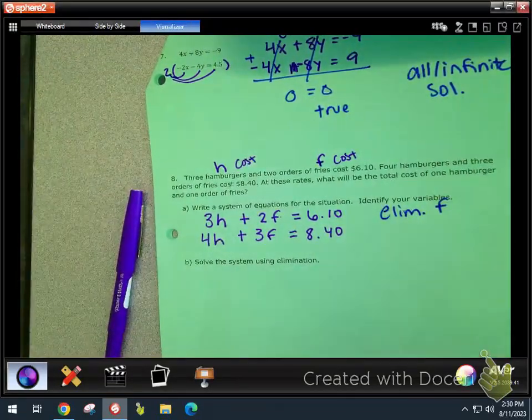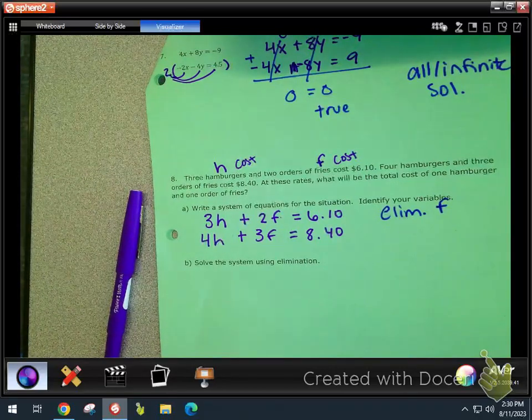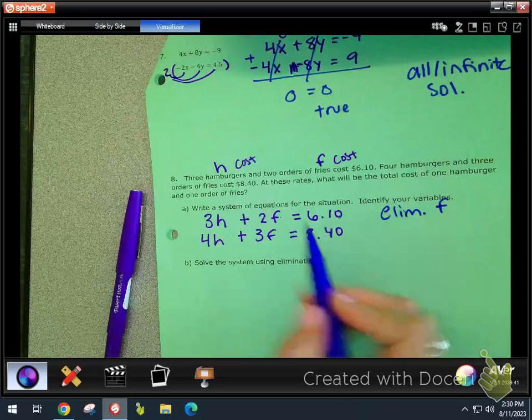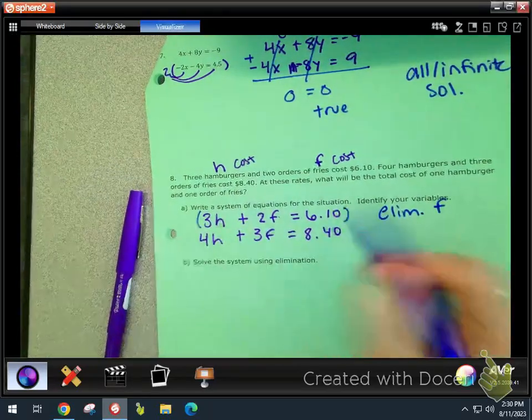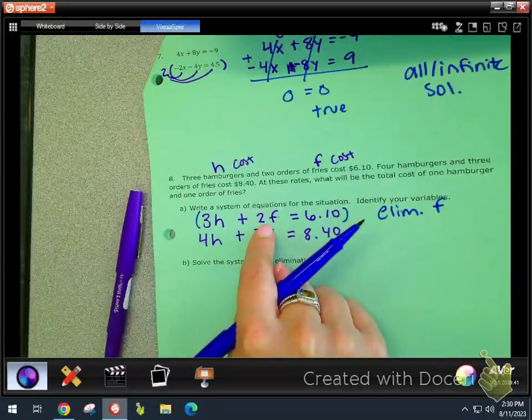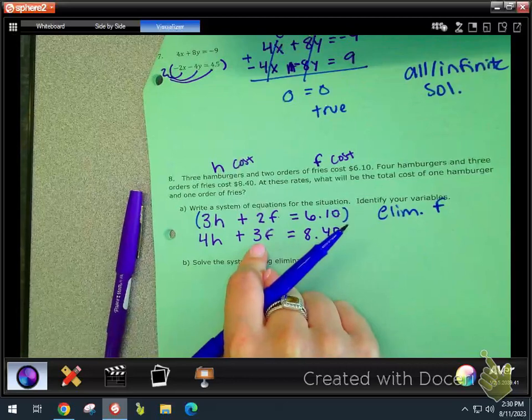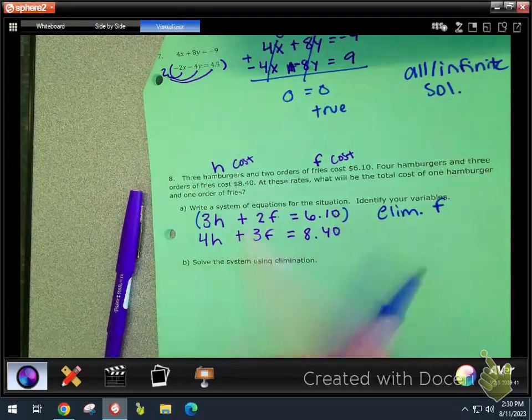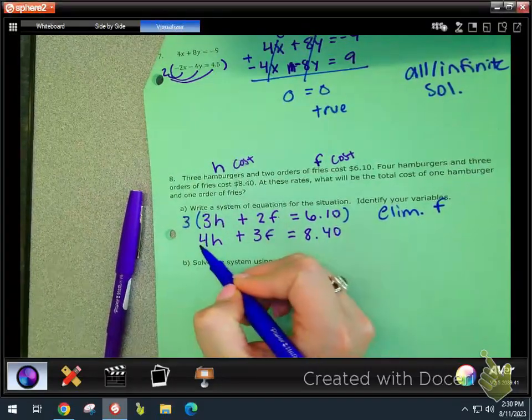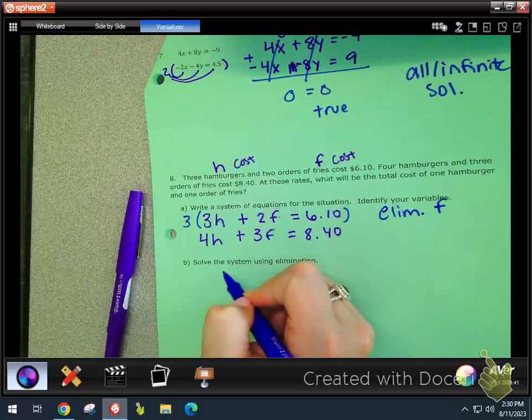So here's kind of I don't want to say it's a trick because it's really not, but if you need to multiply both equations, you can kind of do this little crisscross thing. I can multiply the top equation, I'm taking out F, by the coefficient of F in the bottom equation, which is a 3. What is 3 times 2? 6.